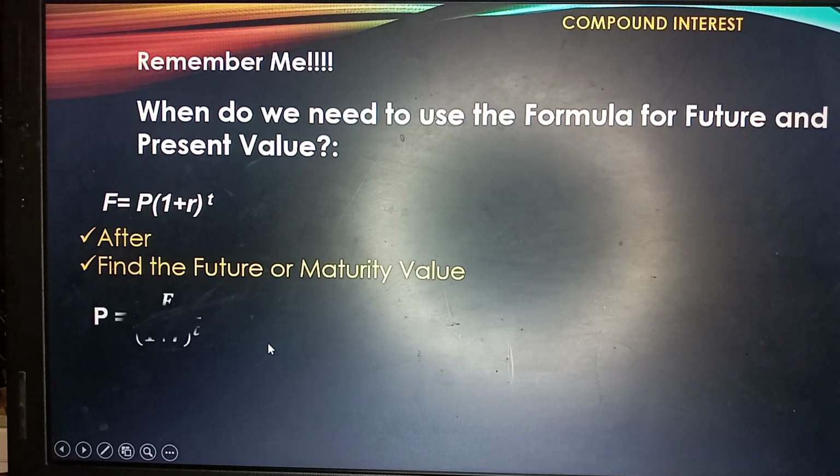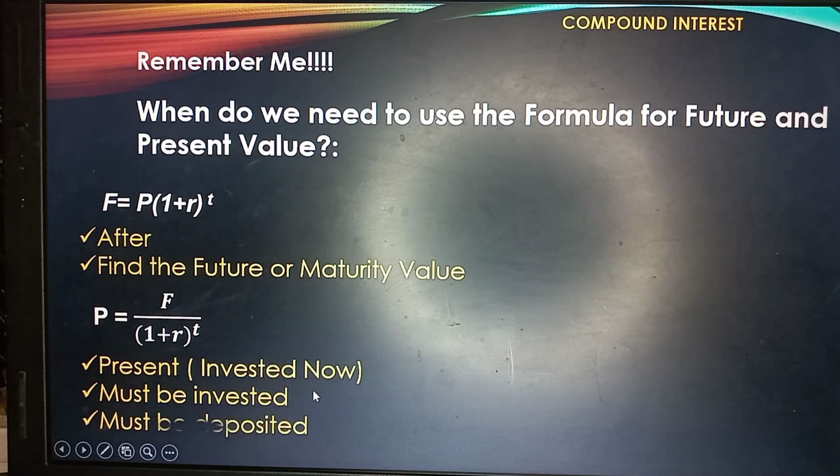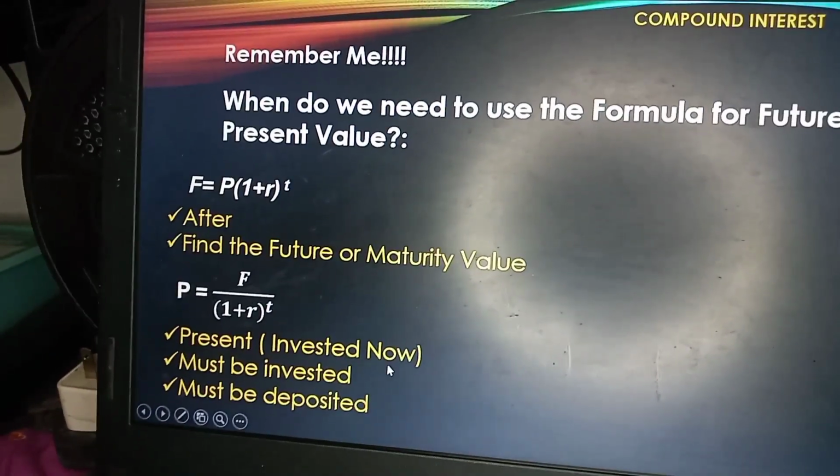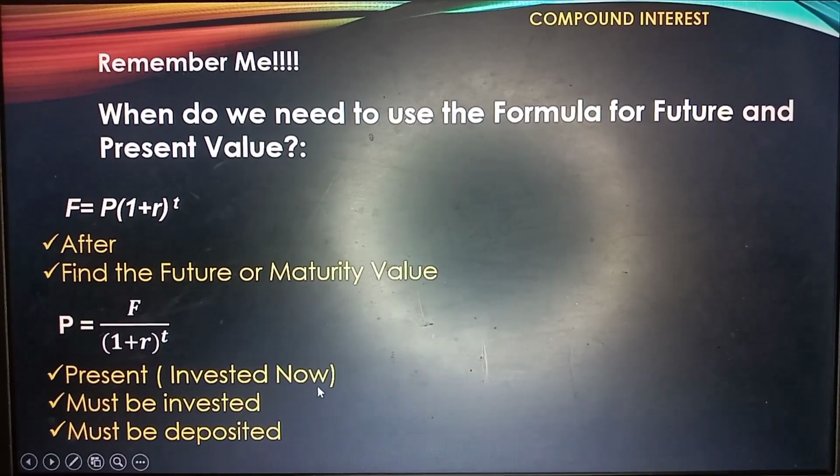How about the present value? You need to have this in the question: what is the present value? Present term, invested now, must be invested, and must be deposited. Those are the two formulas in solving compound interest: the maturity value and the present value.